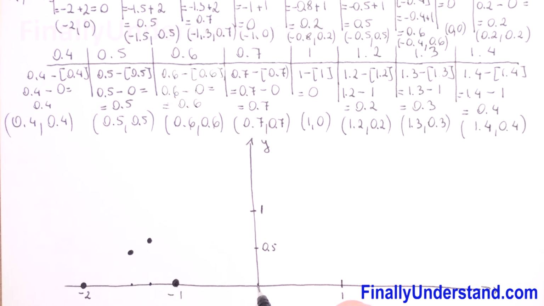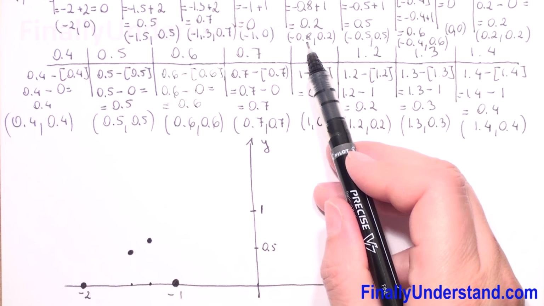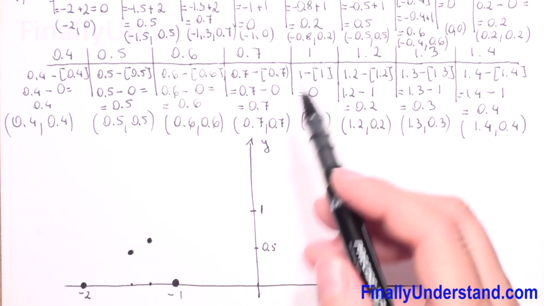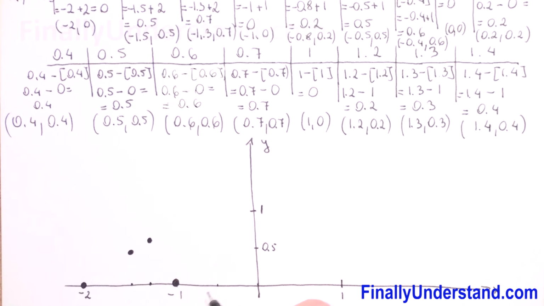Next, for negative 0.8 we have value 0.2, approximately here. Next we have negative 0.5 and the value is 0.5. Next we have negative 0.4 and we have value 0.6.